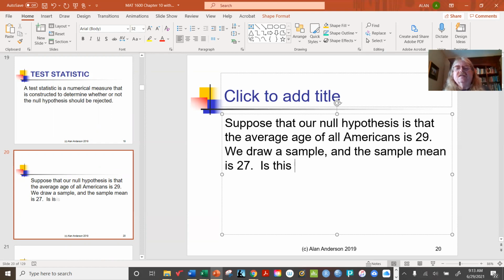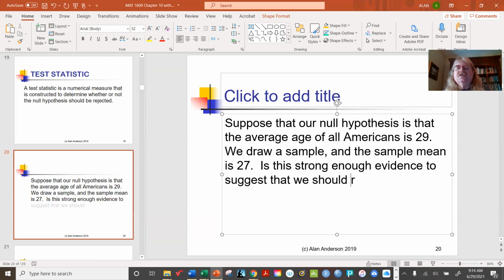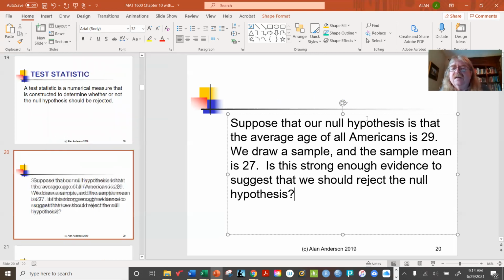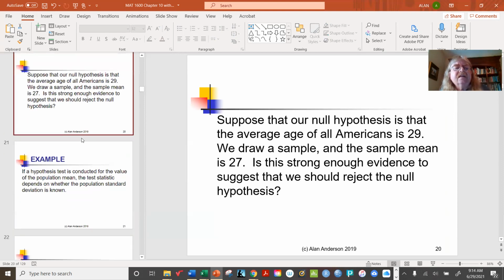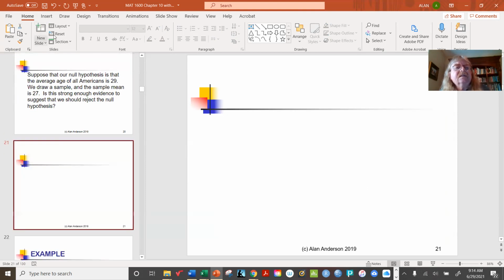Is this strong enough evidence to suggest that we should reject the null hypothesis? Well, it's hard to tell because we're comparing 27 with 29. Is that big enough? Is it not? Who knows?